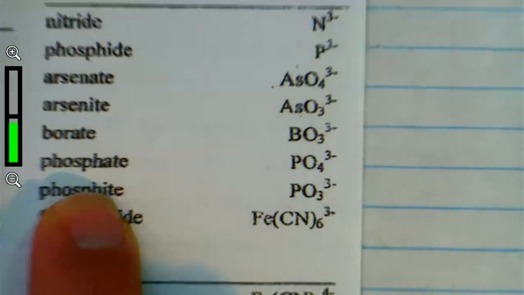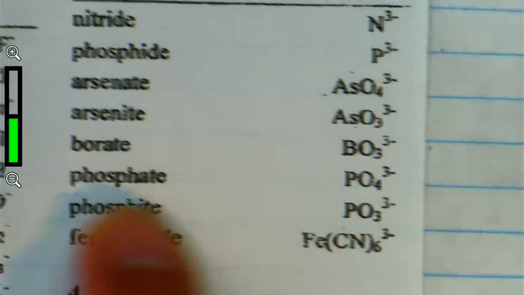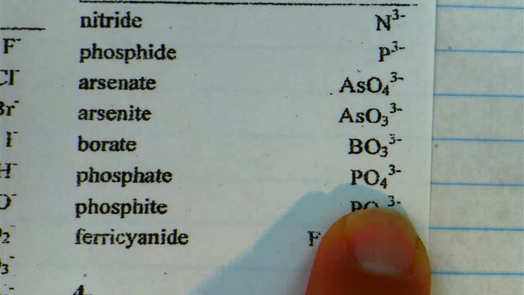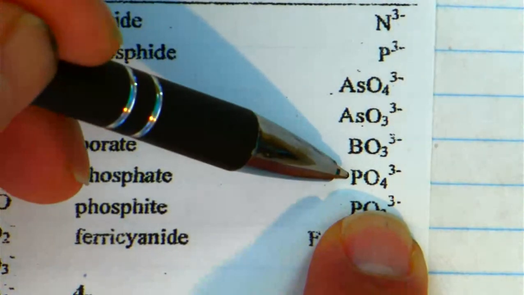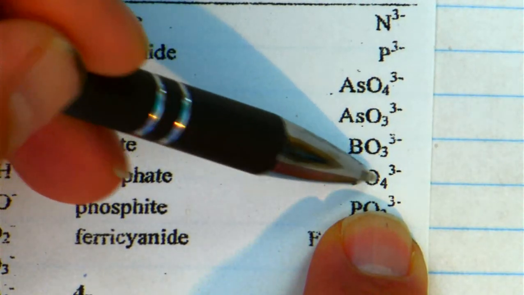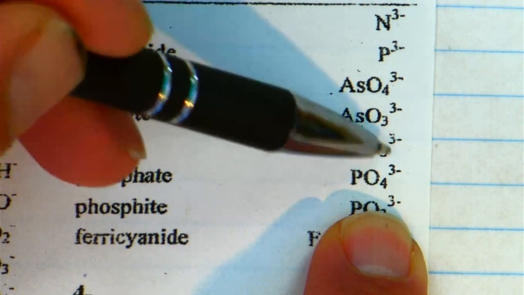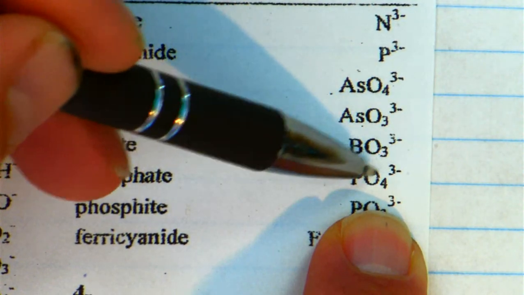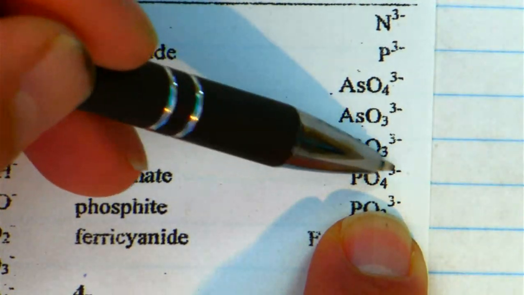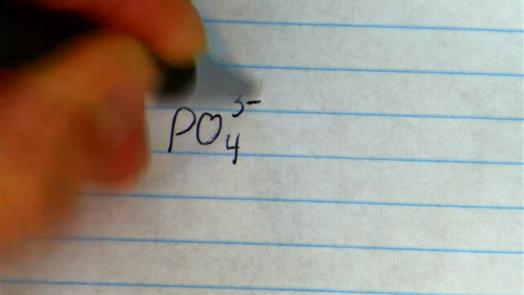All right, let's do phosphate. Phosphate is the name of a polyatomic ion that is always a group of 1 phosphorus, 4 oxygens, and this group always gains 3 electrons, so 3 minus electric charge. So I'm going to write that PO4 with a 3 minus charge.